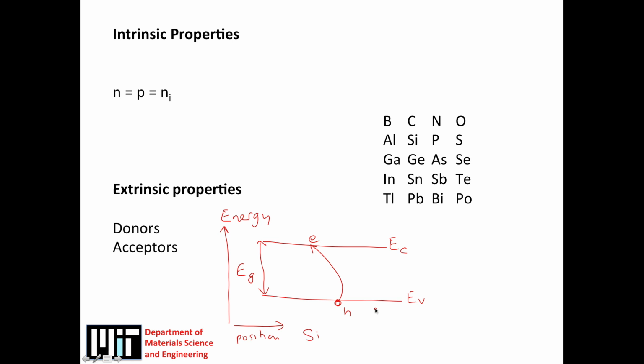For an extrinsic carrier, we can think of those dopants as introducing additional energy levels which are inside the band gap. So for example, the phosphorus, the donor, will introduce a state in the band gap which is here, and then it's quite easy for that electron to be excited out of that state and for it to move into the conduction band where it's free.